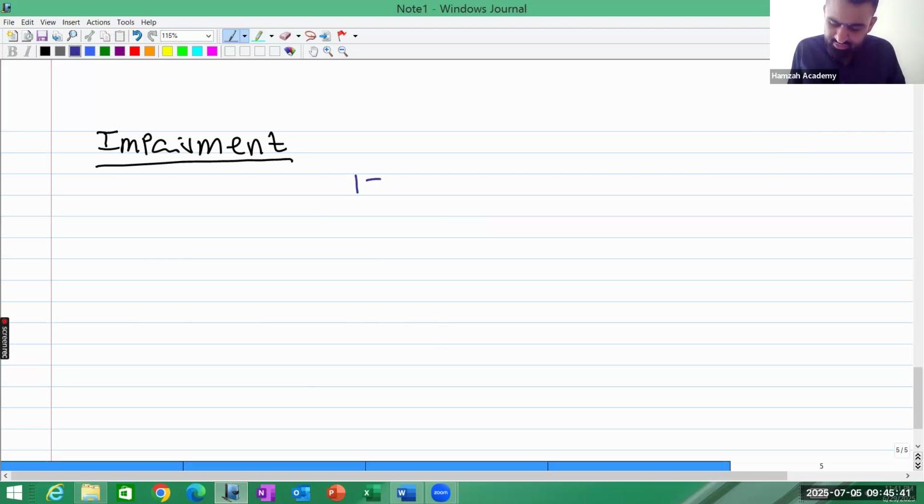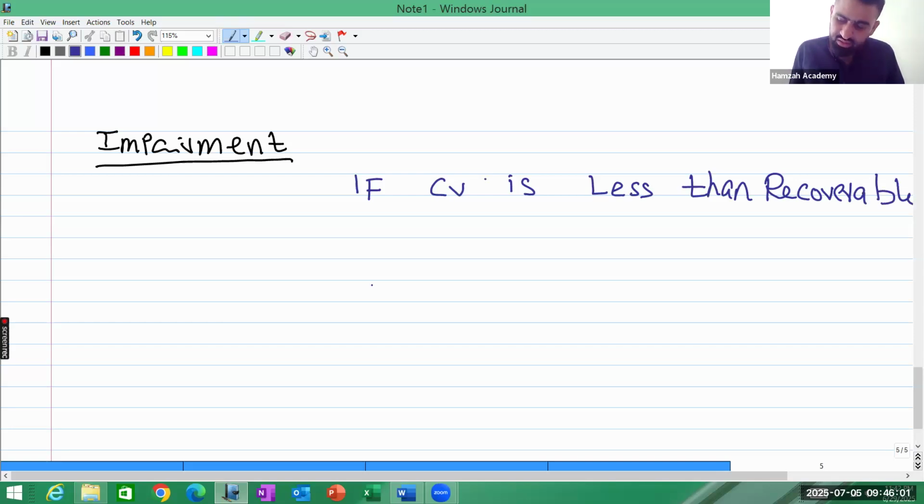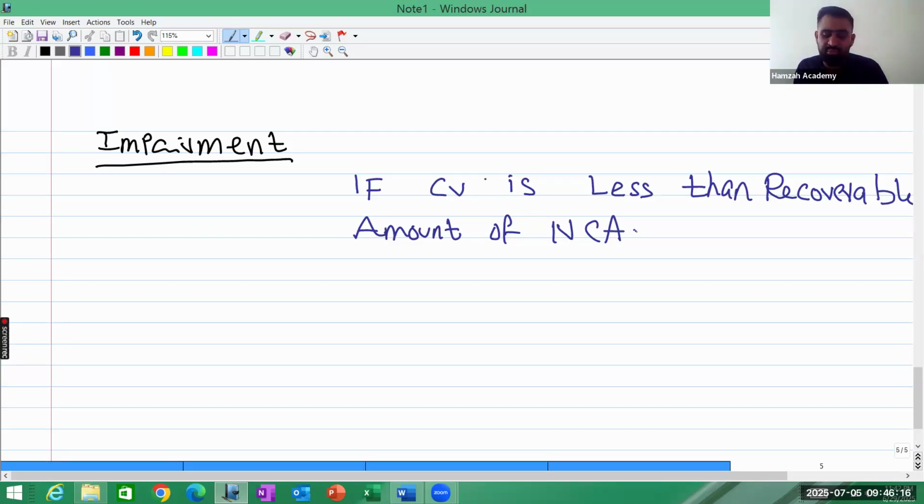Impairment means if carrying value is less than recoverable amount of non-current asset. If carrying value is less than recoverable amount of the asset, that means we have impairment on asset.